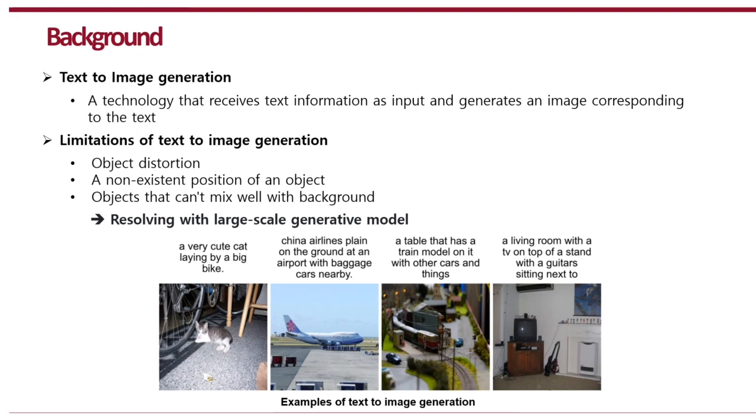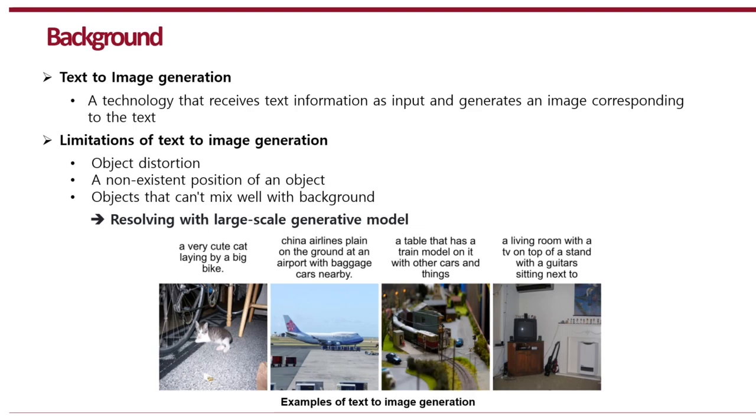There has been so much progress in the field of text-to-image generation since 2015. But limitations are also revealed, such as object distortion, non-realistic object location, and objects that do not mix well with the background.